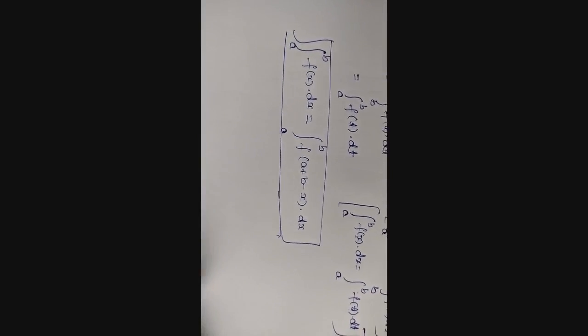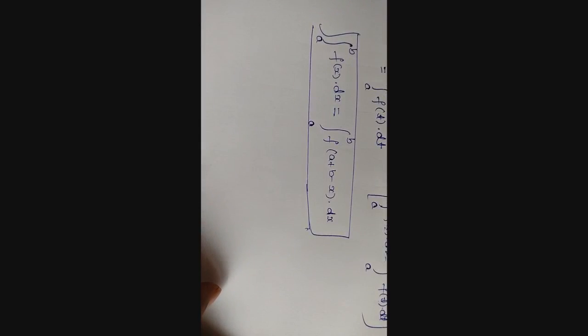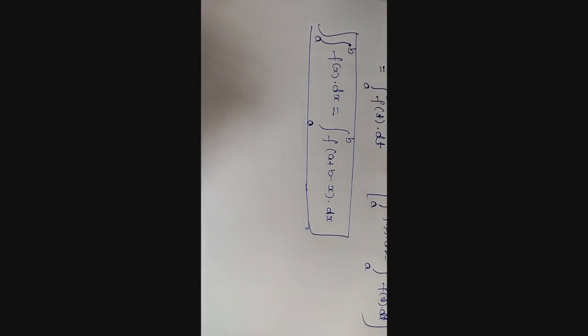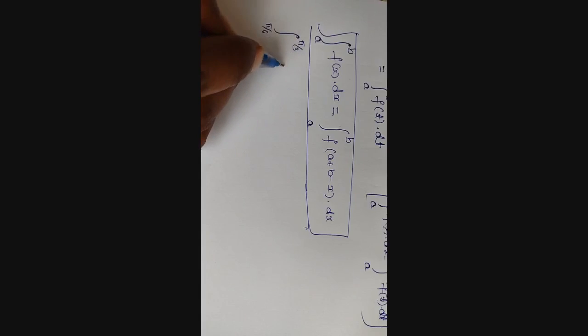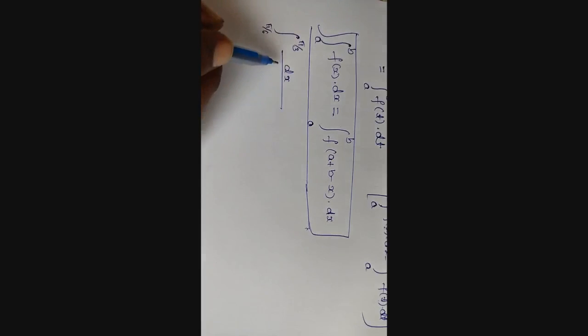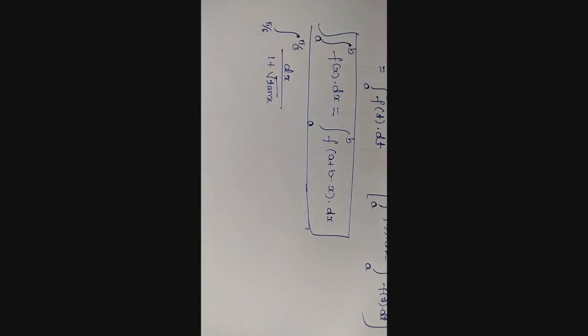Next we go for solving the problem related to this, the integration of pi by 6 to pi by 3 dx divided by 1 plus root tan x. Clear? So to find the solution, consider once again the problem, which is the integration of pi by 6 to pi by 3.